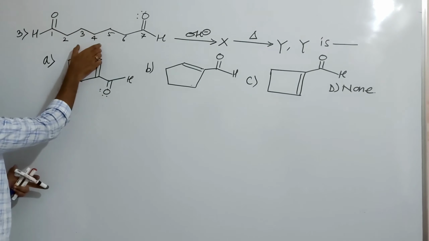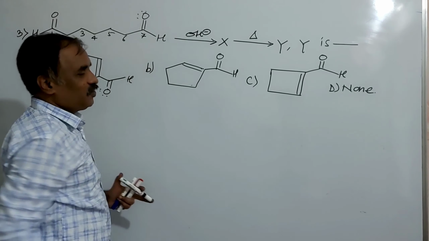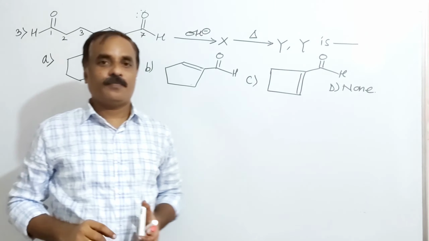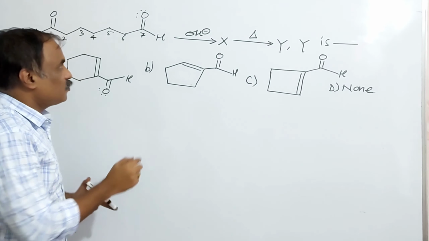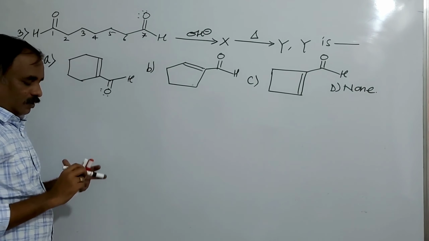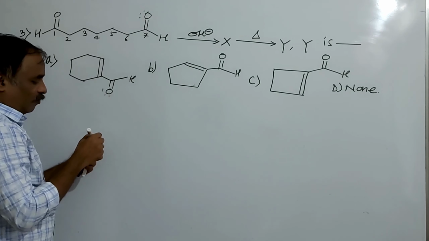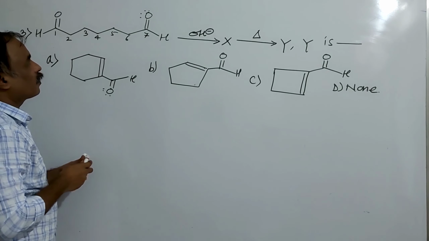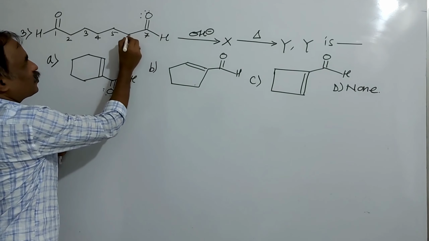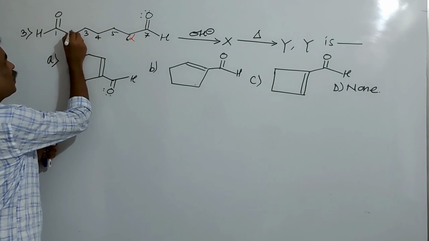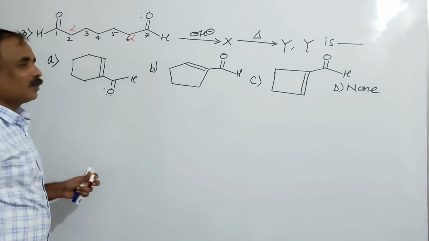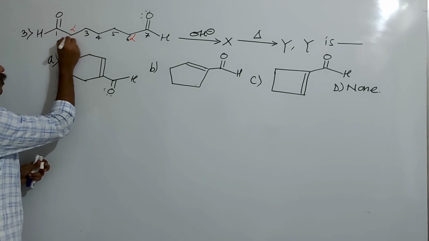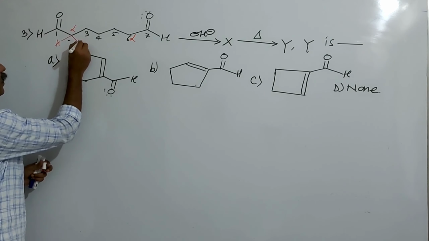A reaction of this compound with OH minus, a reaction with base again. Now concentrate on this compound. Here this carbon is alpha carbon with respect to the aldehyde, and here also this is alpha. On each alpha carbon, two alpha hydrogen atoms are there.